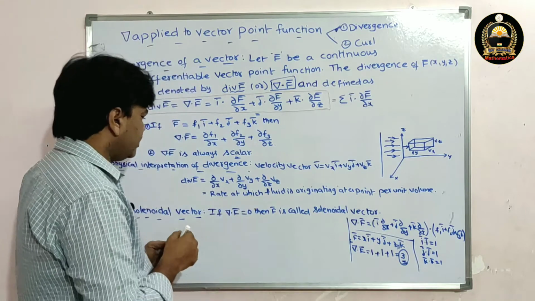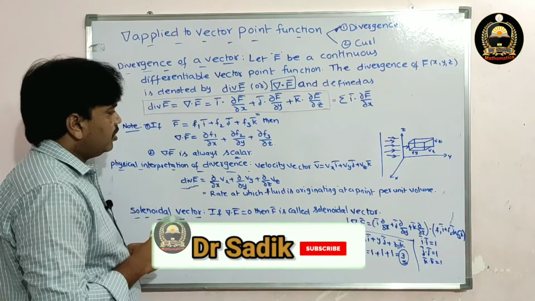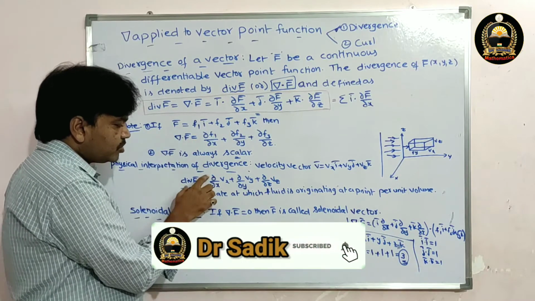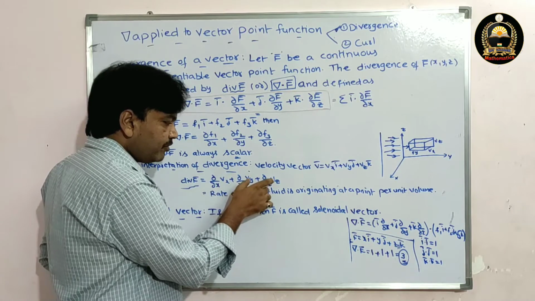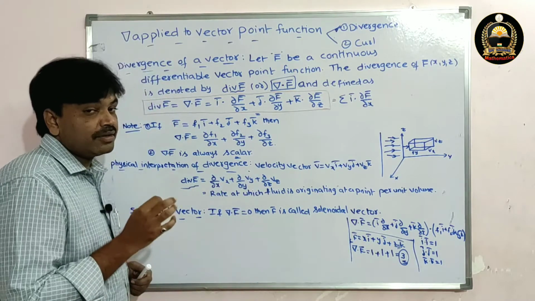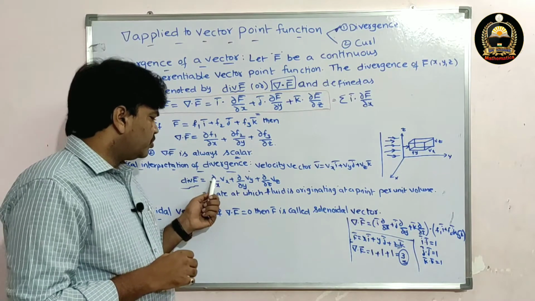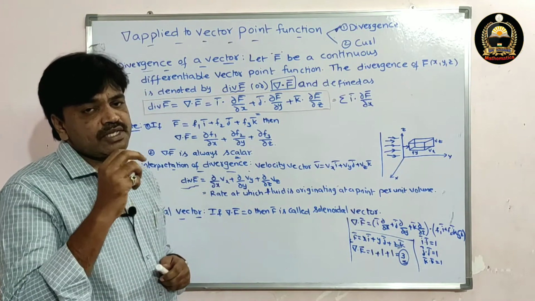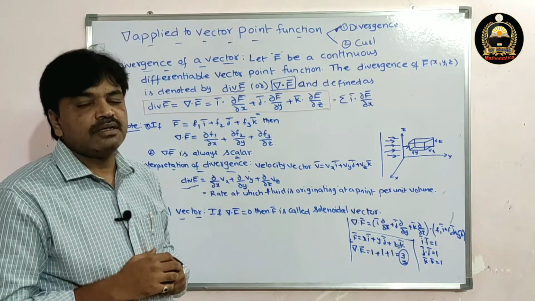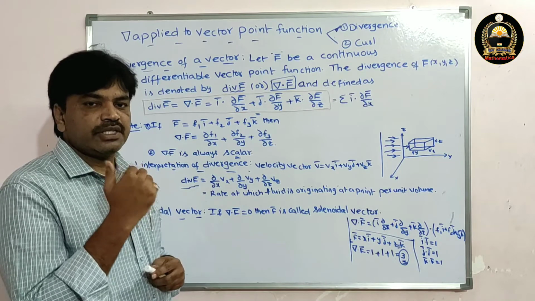Now you find div f bar, or del dot f bar. By using this formula I get ∂/∂x of vx plus ∂/∂y of vy plus ∂/∂z of vz. We know ∂vx/∂x means rate of change.